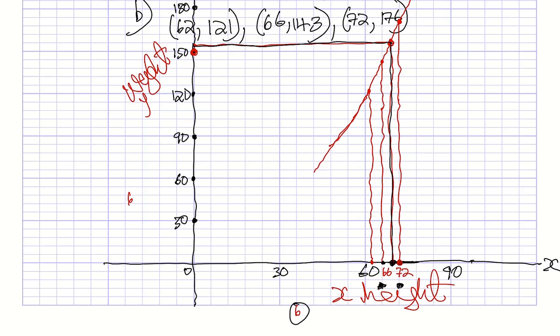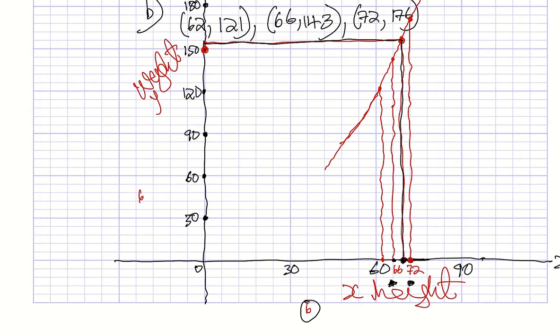It's almost at the half, a little bit greater than half. I would say that place is about 66 plus a little over 3, maybe 3 point something. So that would be about 69.